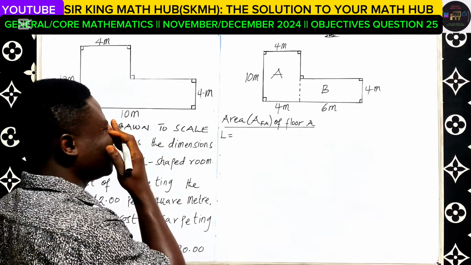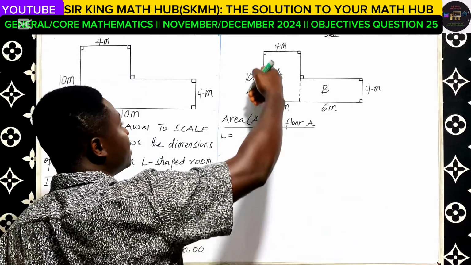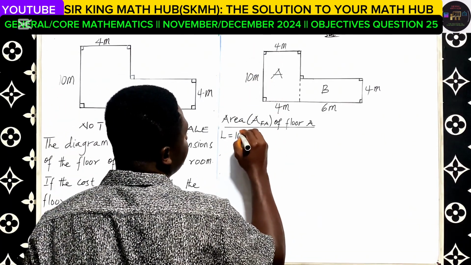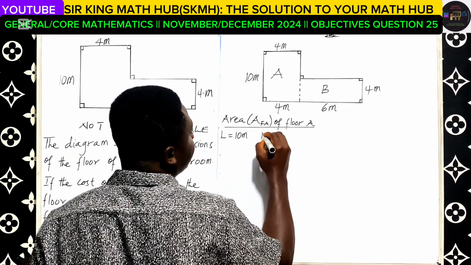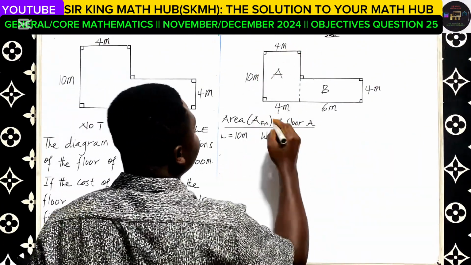The length of rectangle A is the longest side, 10 meters, and the width is the shortest side, 4 meters.